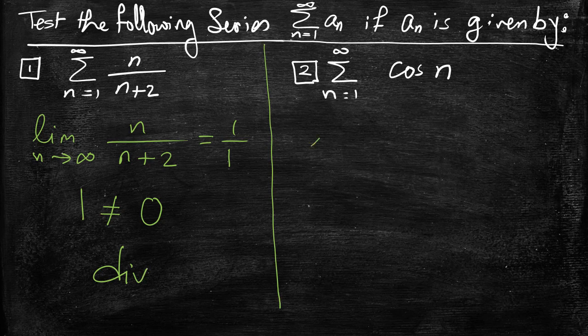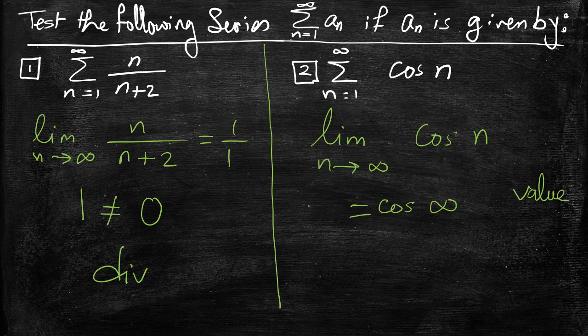Something else, the series of cosine n starting from n equal to 1 up to infinity. Again, no problem to try the nth term. So the limit as n approaches infinity of cosine n will be cosine infinity. Again, this cosine infinity is some value.